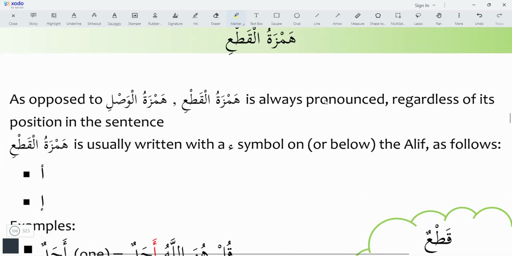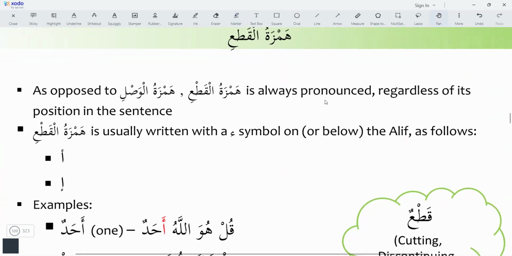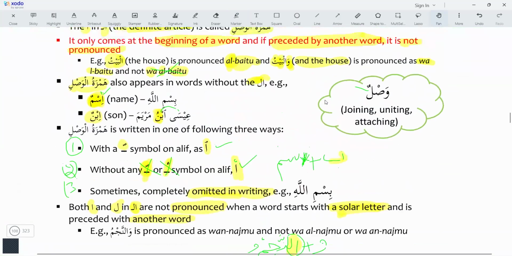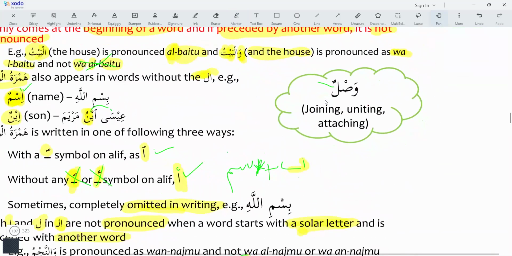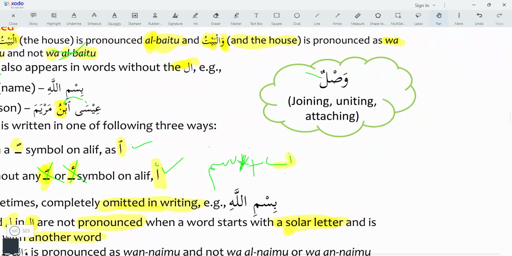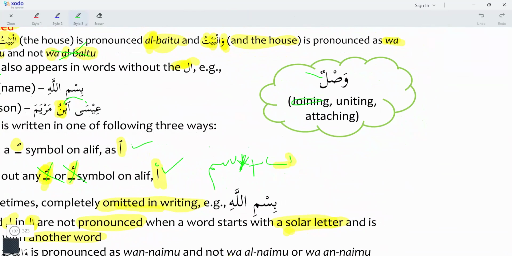Okay, we continue next. Then there is Hamzatul Qat'i. What is the meaning of wasal? The meaning of wasal is joining, uniting, or attaching.